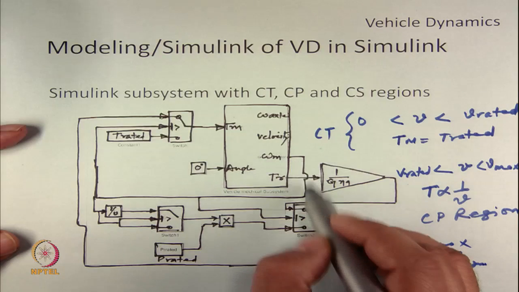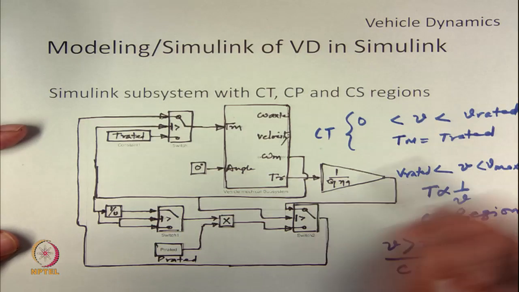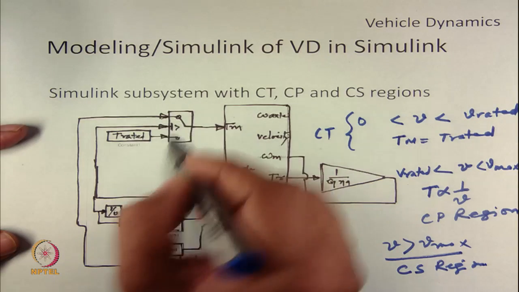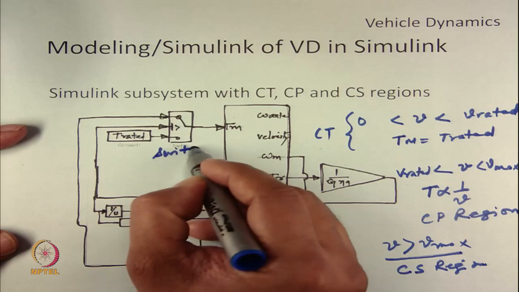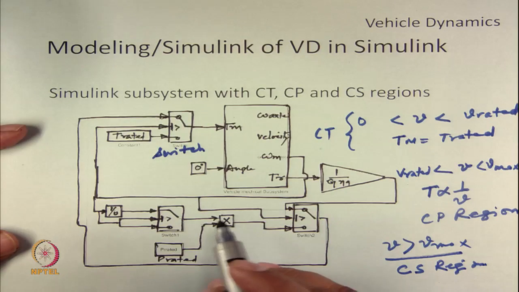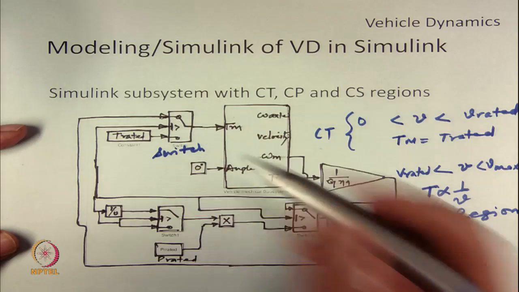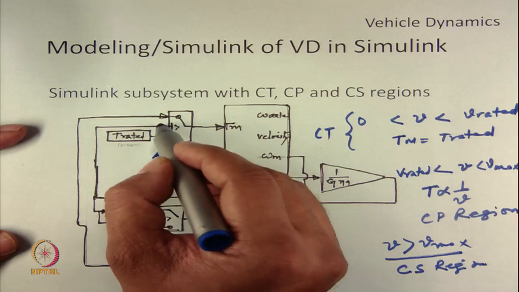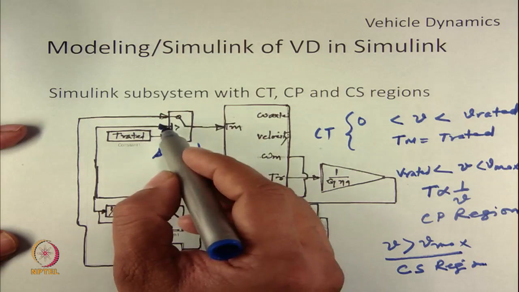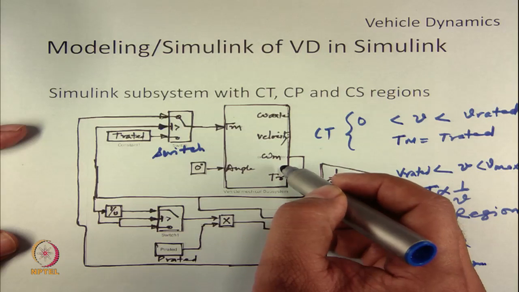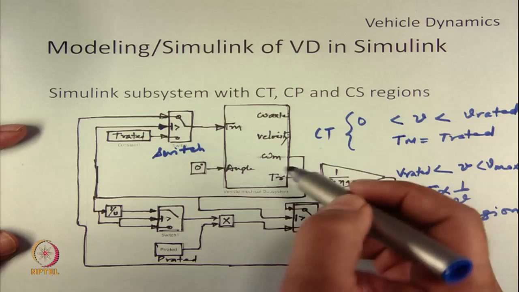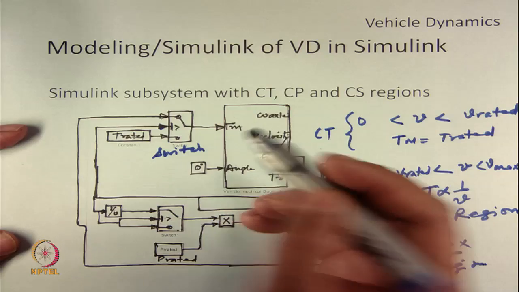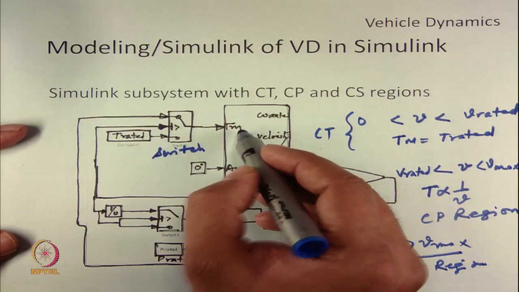So, when omega m is less than omega m rated, this block, which is basically a switch block in MATLAB Simulink, will tell that if the omega of the system at the current simulation time is less than omega m rated, the torque input to the system will be T rated.